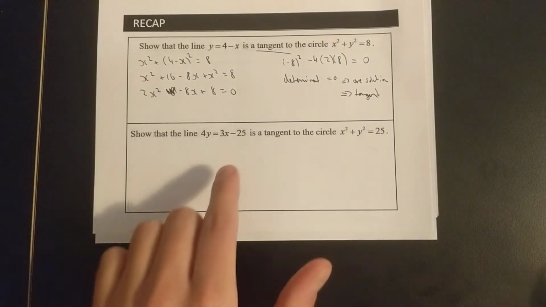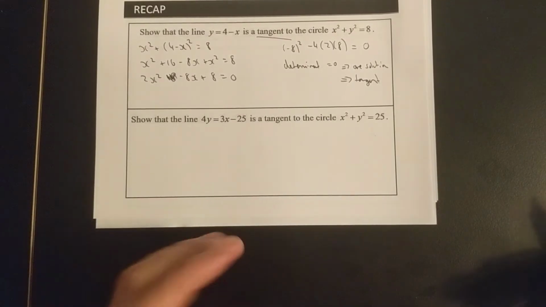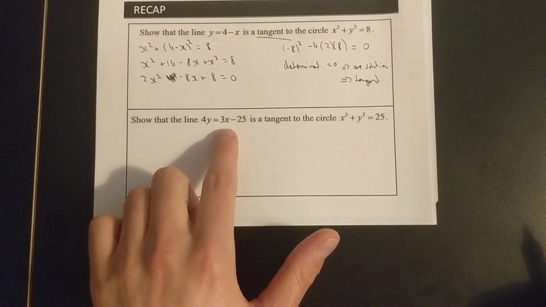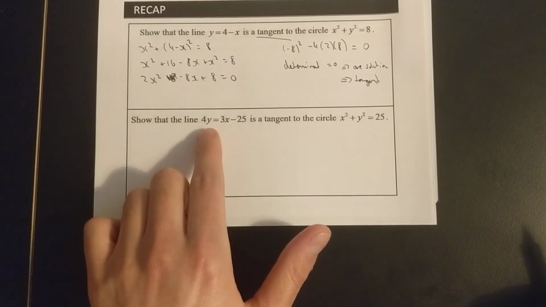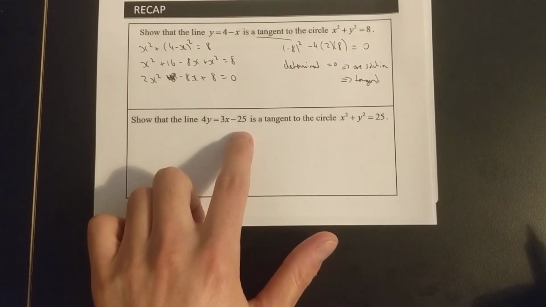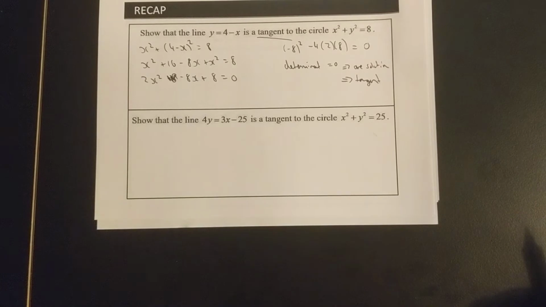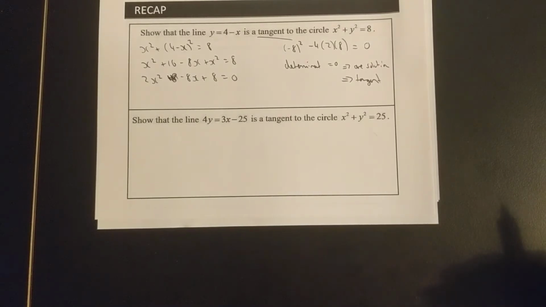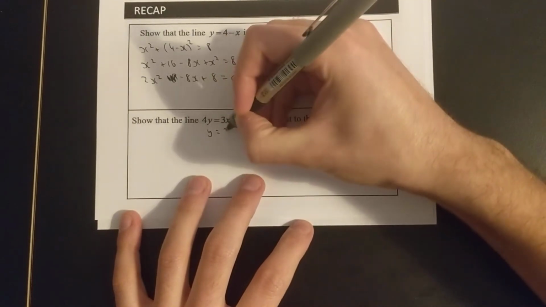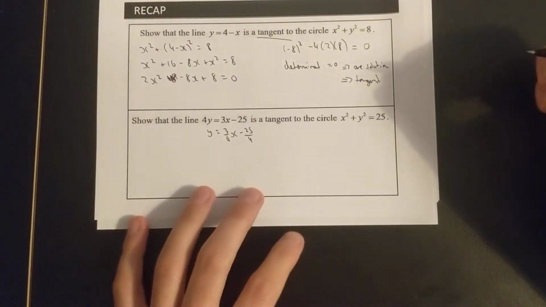Now, for this one, it is a similar process. It's just more difficult to substitute this in. So here we can say that y equals 3/4 x minus 25 over 4. That's quite a lot of effort, but it can be done.